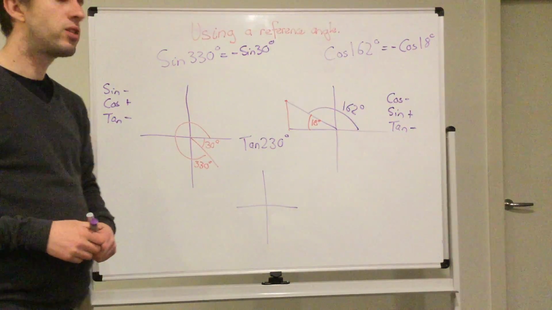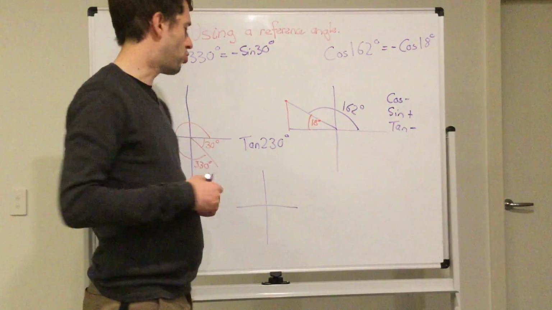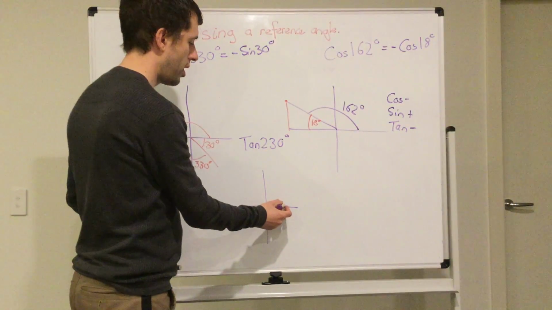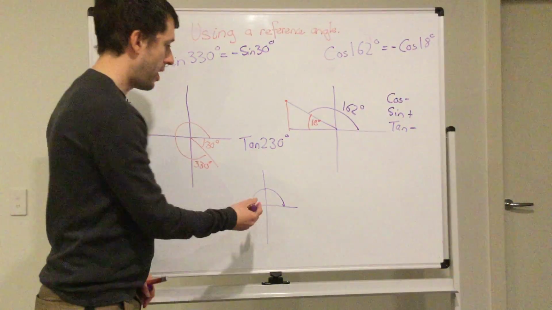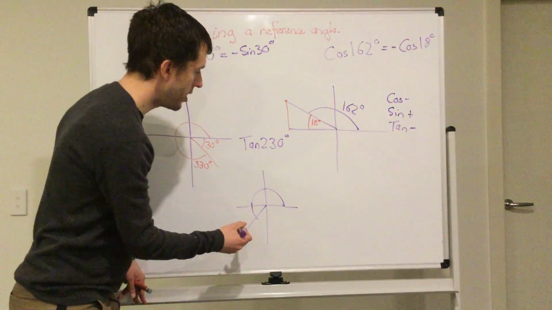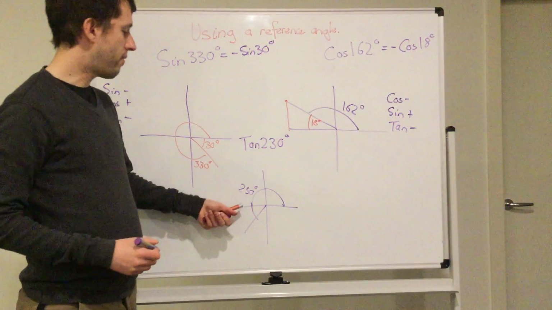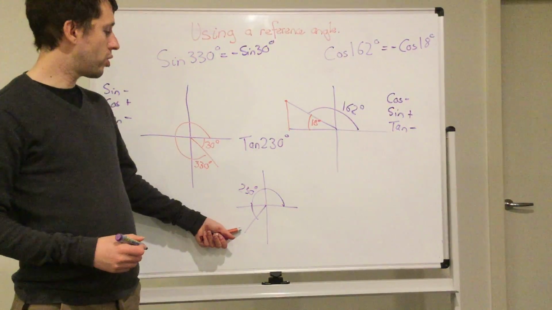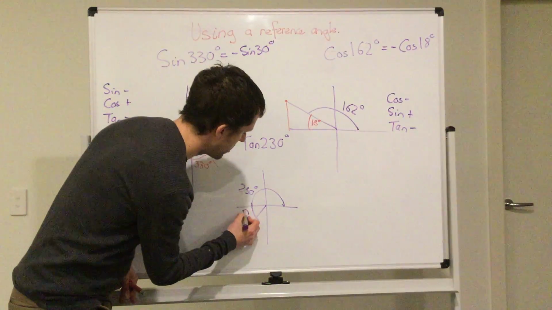So tan is 230 degrees. To start off, we need to draw our angle. So 90, 180. It is more than 180, less than 270, so it's in this quadrant right here. This is 230 degrees. If that's 180 and this is 230, 230 take 180 equals 50 degrees.